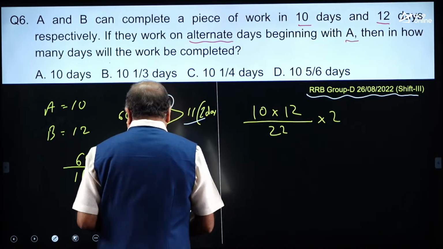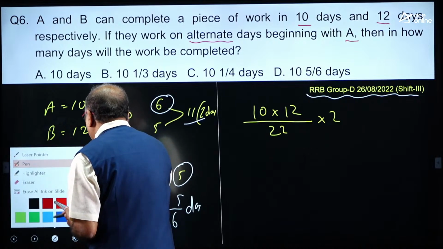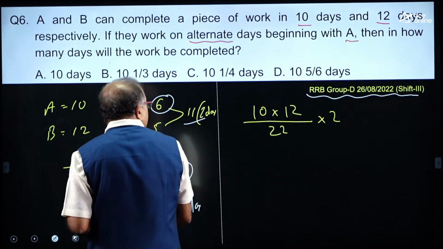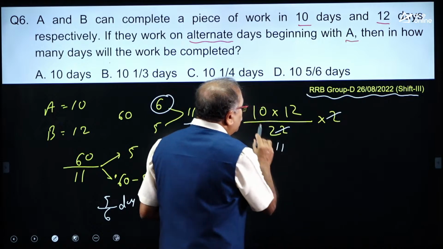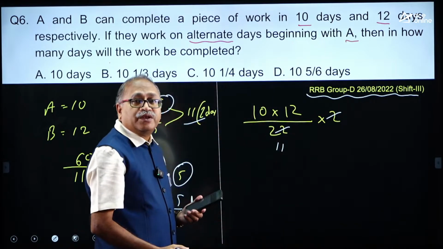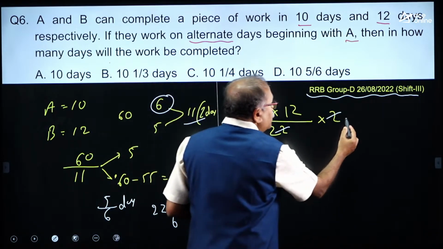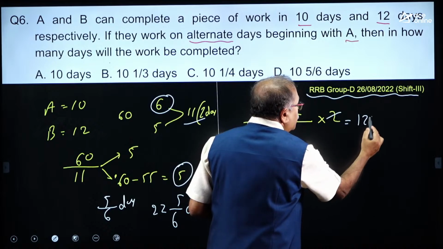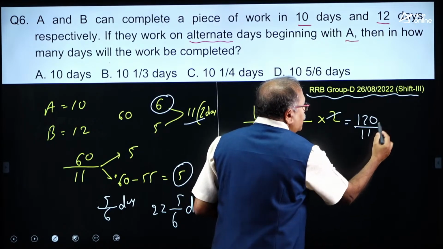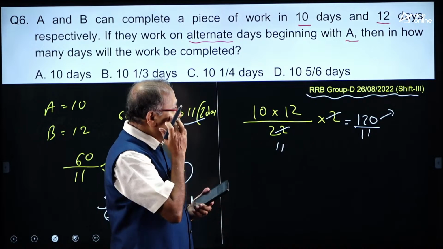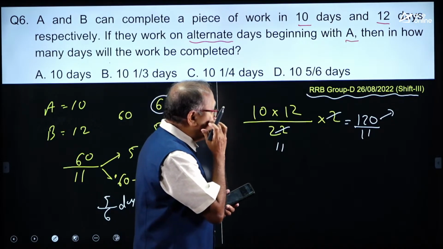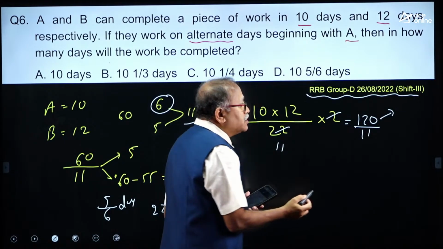Now, what am I going to get over here? Look at this one. This gets cancelled 11 times. So 120 by 11. With 11, how many times does it go? Obviously, with 11 it will go 10 times, 110.